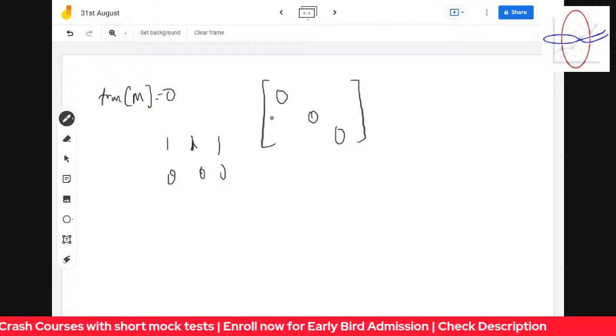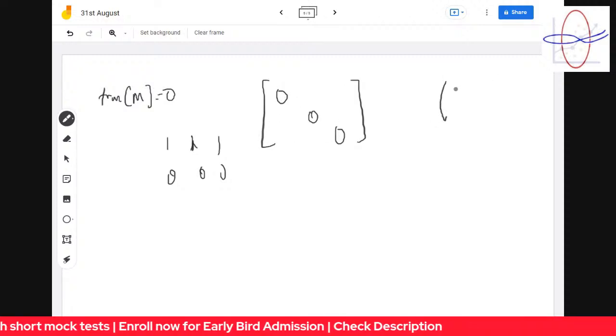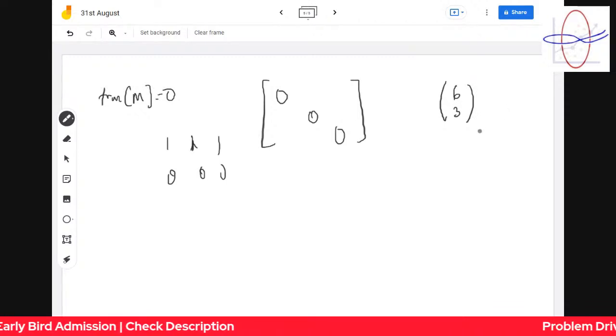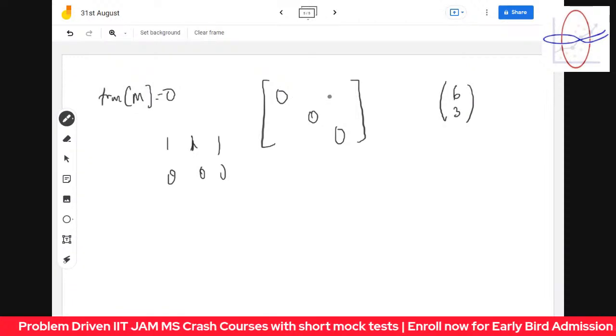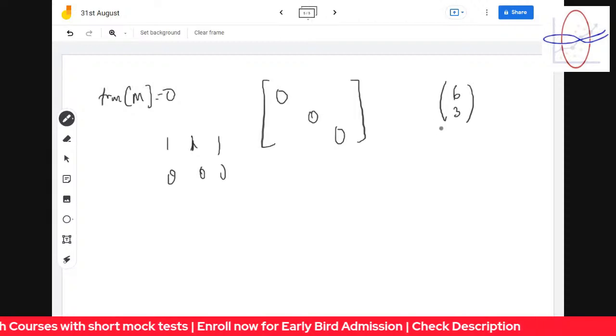Out of the rest of the 6 places, you choose 3 places for 1. Automatically it fixes the rest of the places for the zeros, right? Yes, it automatically chooses the rest of the places for zeros.